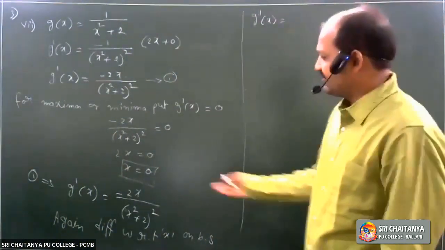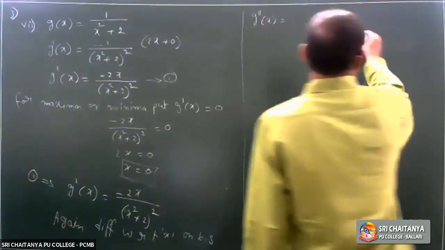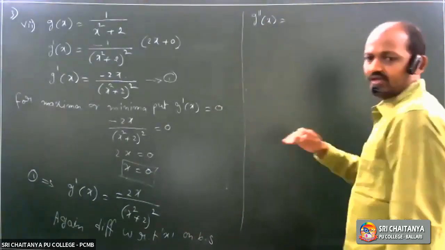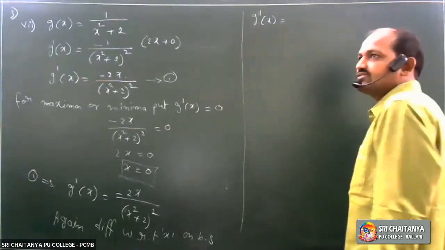Now it is a derivative of u by v form. What is the formula for the derivative of u by v? It is (v u dash minus u v dash) divided by v square.